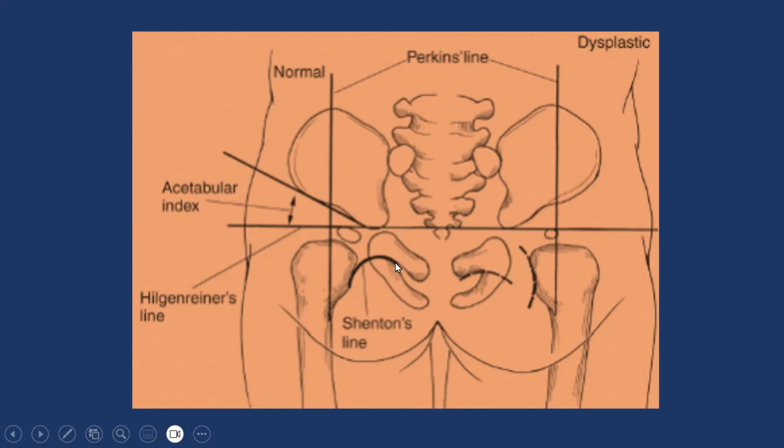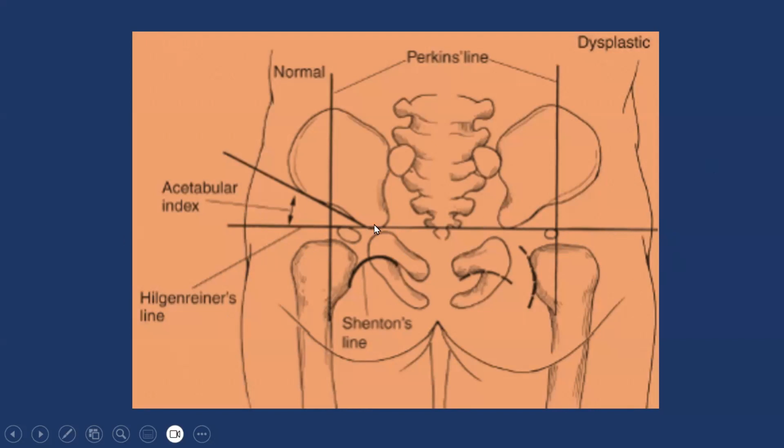So please, don't forget, the head should be present at the intersection of the Perkins line and the horizontal line of Hilgenreiner. It should be in the lower quadrant. In DDH, this head moves out and the size of the head is smaller than the normal size.